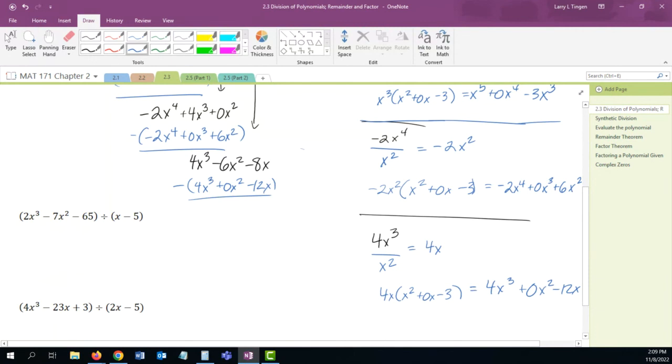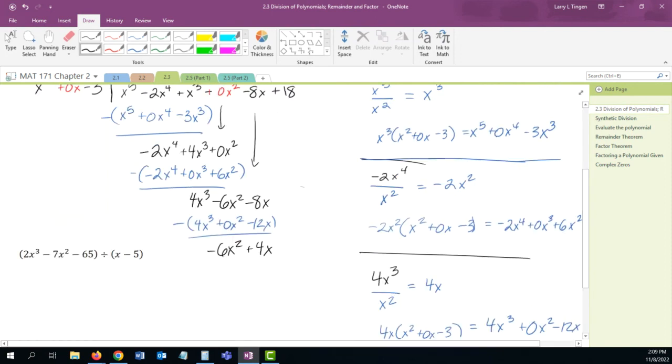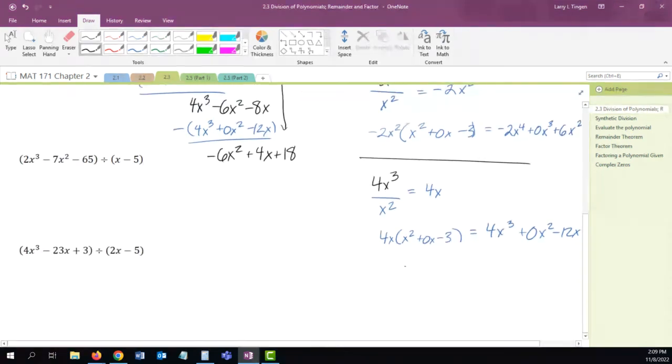And this is subtract. 4x cubed minus 4x cubed, 0. Great. Negative 6x squared minus 0x squared is still negative 6x squared. Negative 8x minus negative 12x is plus 12x. So that's plus 4x. And I only have one term left, the 18. One last time down the road.